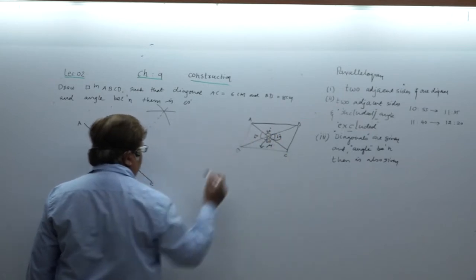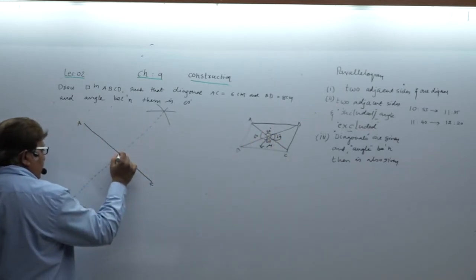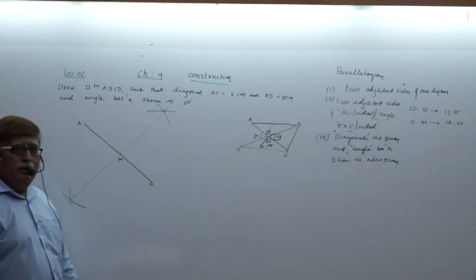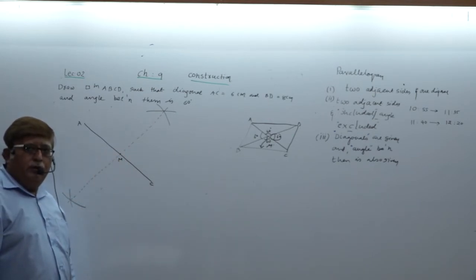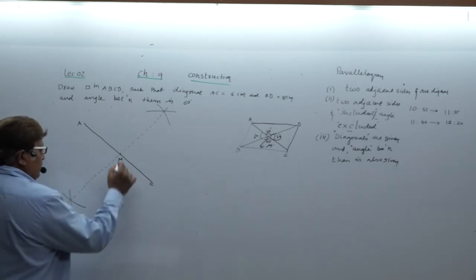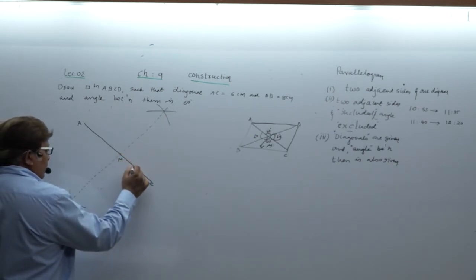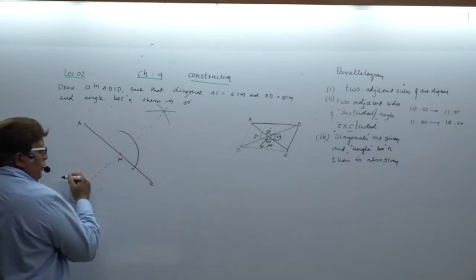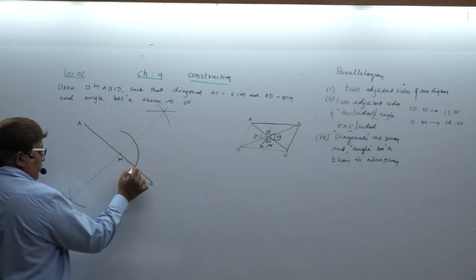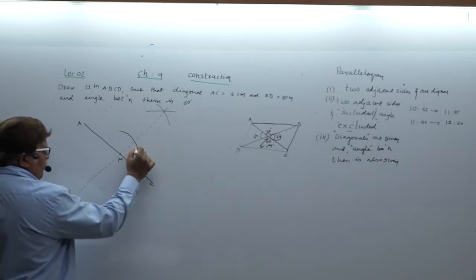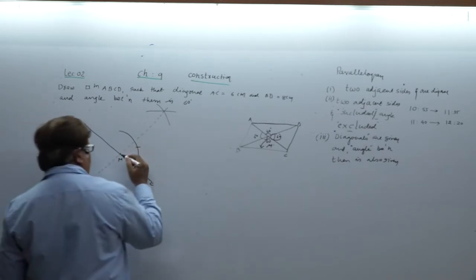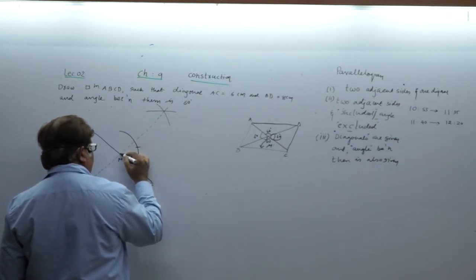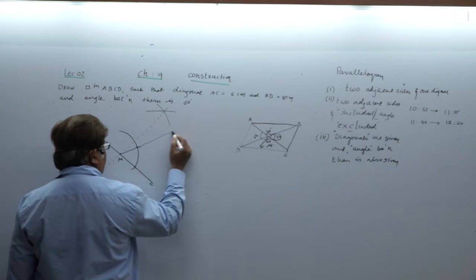Now, this angle we are targeting, angle of 60 degree. So center your compass at point M. Take some appropriate radius and draw an arc. Keeping the same radius, center your compass and cut this arc. And please draw a ray passing from this.